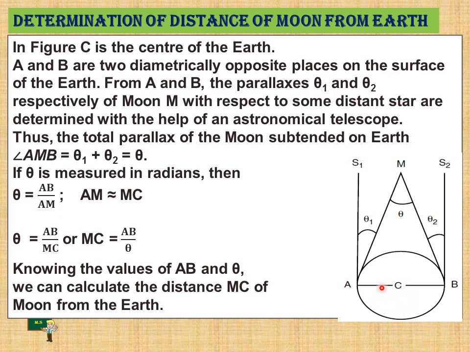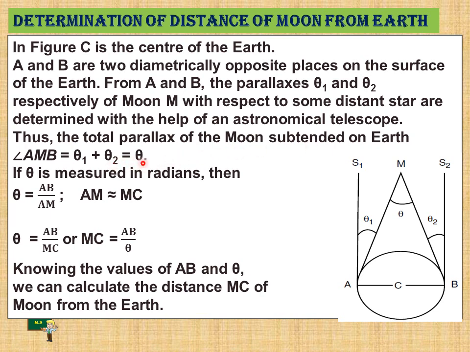If you have your world map, take this C as a position for you. Now A and B are two diametrically opposite places on the surface of the earth, probably on the equator. From A and B, the parallaxes theta 1 and theta 2 respectively of moon M with respect to some distant star are determined with the help of an astronomical telescope.